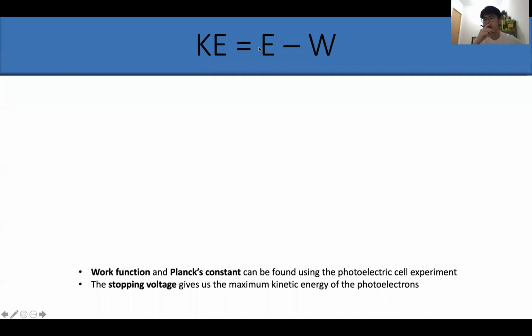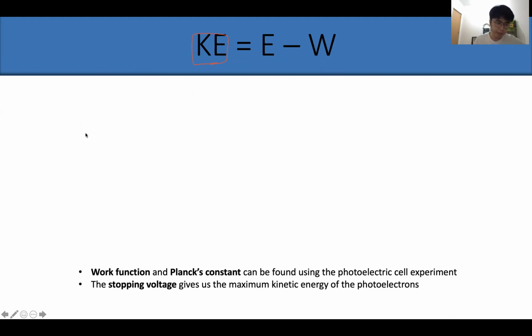Can we calculate the kinetic energy, and what is the method that we can use to calculate the kinetic energy of the electron? So there's actually one experiment we can use to calculate the kinetic energy, which is using a photocell. Basically, we form a circuit like this.